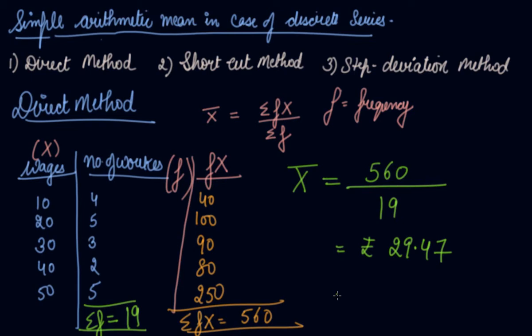So the average wage of the workers is rupees 29.47. This we have found in the discrete series using the direct method. Just one change from the individual series: there are frequencies, so you just have to multiply the frequency with x, the variable.